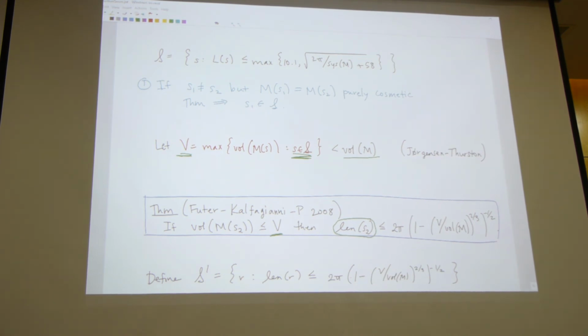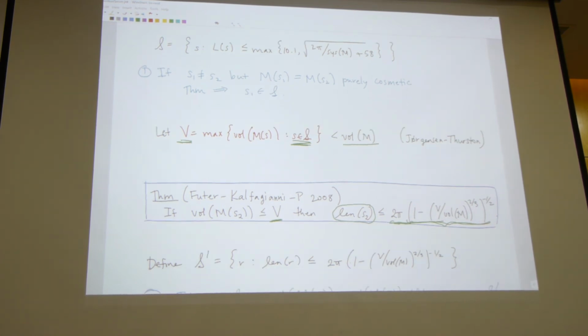It's a formula that's computable, and this number gives me a bound on slope lengths for S2.